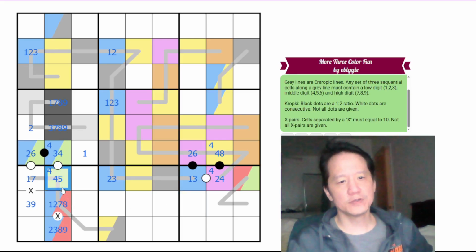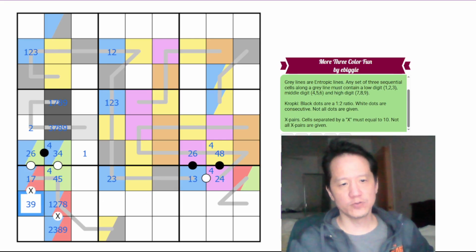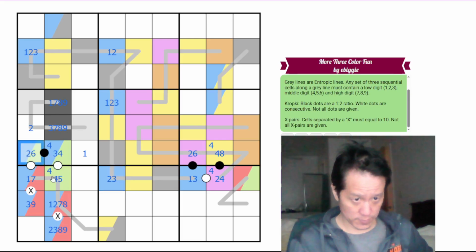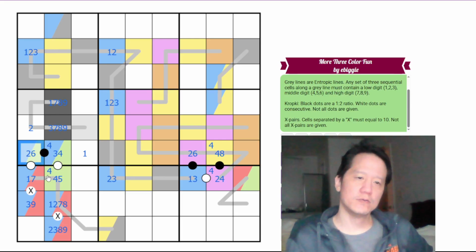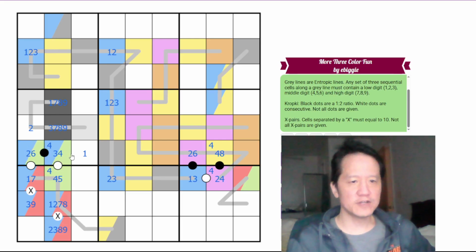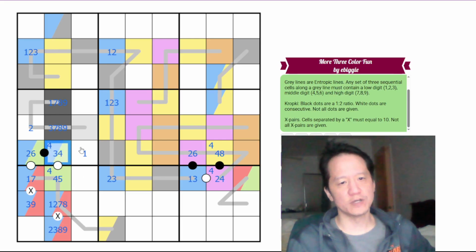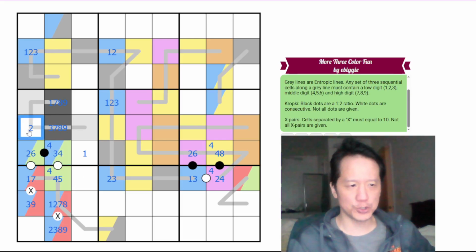We know this is medium. This is low or high. This is a low-high pair. This is low or medium. Oh, that's interesting. Even if this is 6 and this is 3, this has to be a 2 in that scenario.